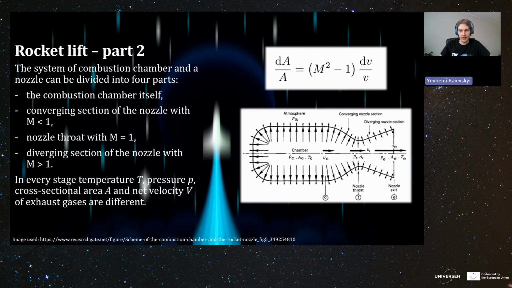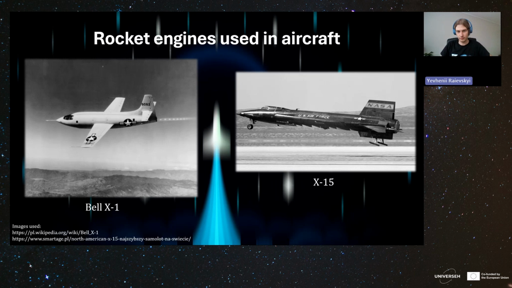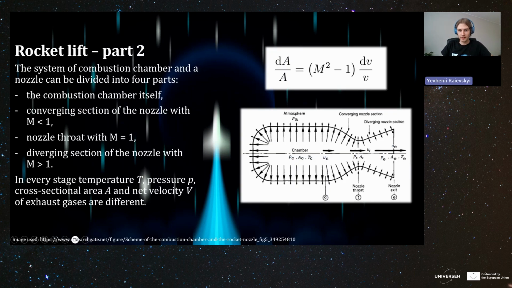And dA, the change in cross-sectional area, is also greater than 0, because as we can see on this image, it increases. And if dA is positive, this is positive, so the dV, the velocity change, also has to be positive, so it additionally accelerates.